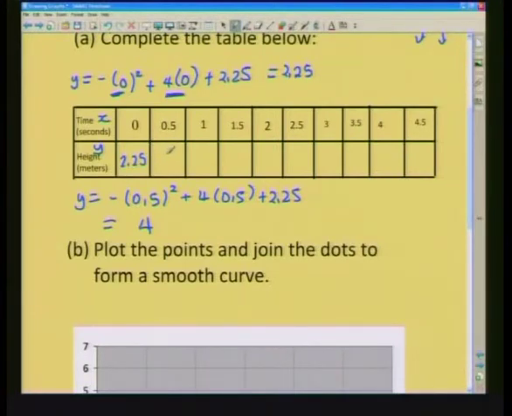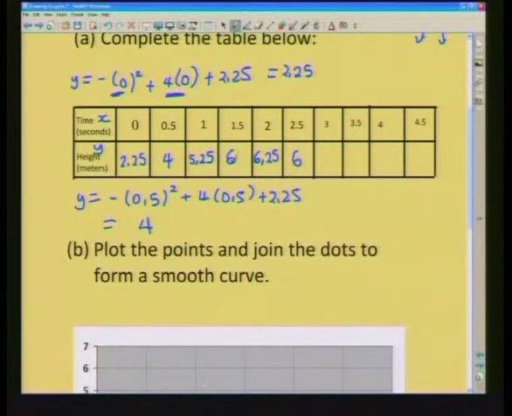If I put 0,5 in, I will get 4. Put 1 in, after 1 second your height is 5,25. After 1.5 seconds, 6 meters. After 2 seconds, 6,25 meters. After 2.5 seconds, it's 6 meters.